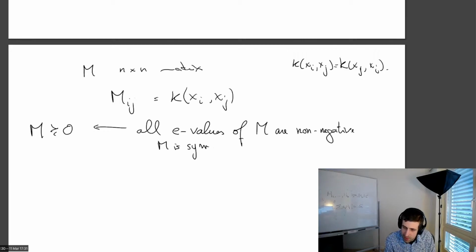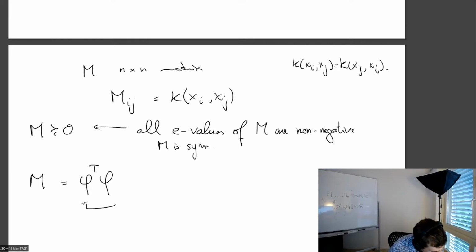So now comes another idea. If this is positive semi-definite, then if you recall the linear algebra you've learned, it means that I can write M in its Cholesky decomposition. This is called the Cholesky decomposition.